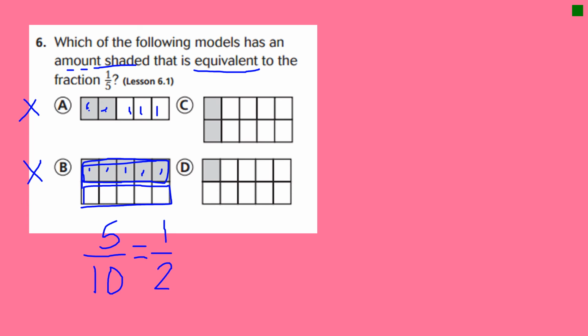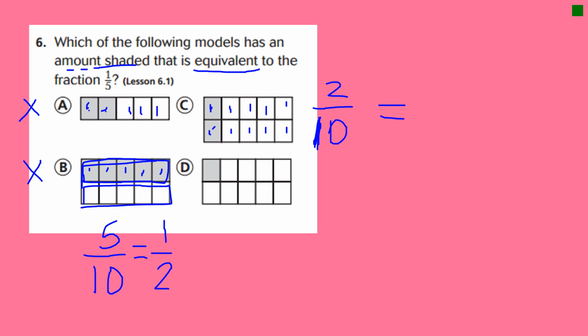All right, let's take a look at C. C has 2 shaded out of 1, 2, 3, 4, 5, 6, 7, 8, 9, 10. Out of 10. So 2/10 are shaded. Is that equivalent to 1/5? Well, let's think about 2/10. Oh, now, is 2/10 in simplest form? It's not, is it? 2 and 10 are both even numbers, which is screaming out to me they are not in simplest form.